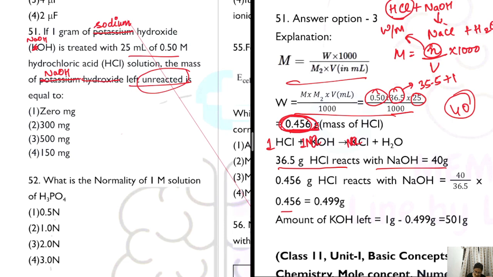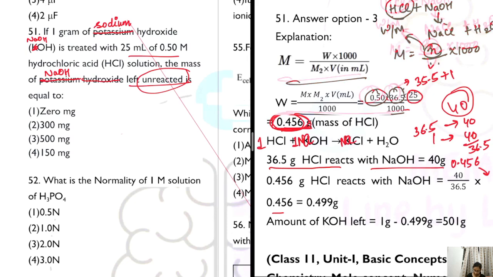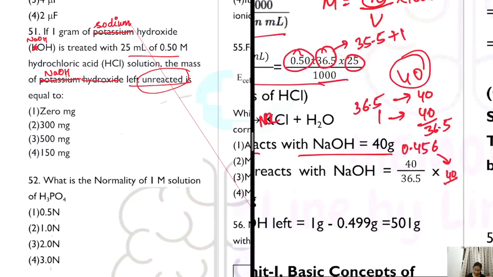See, if 36.5 reacts with 40, then 1 reacts with 40 upon 36.5, and then 0.456 will react with how much? 40 by 36.5 into 0.456.